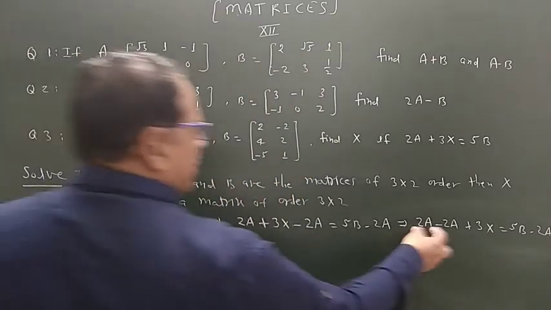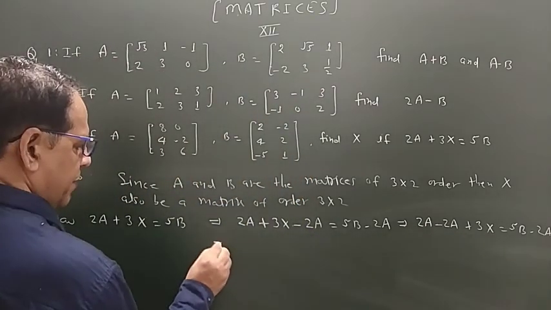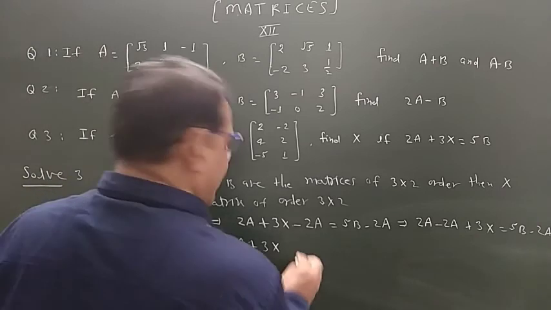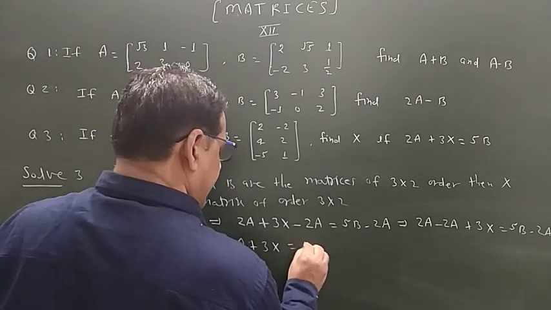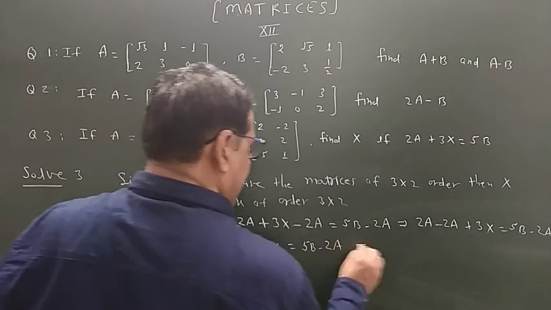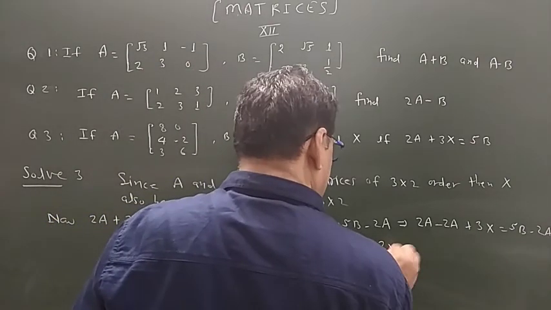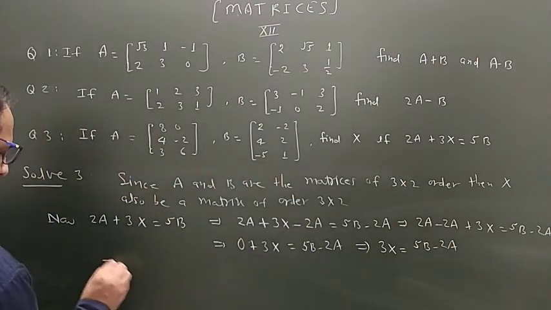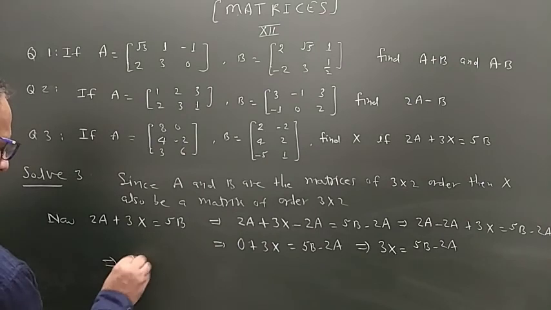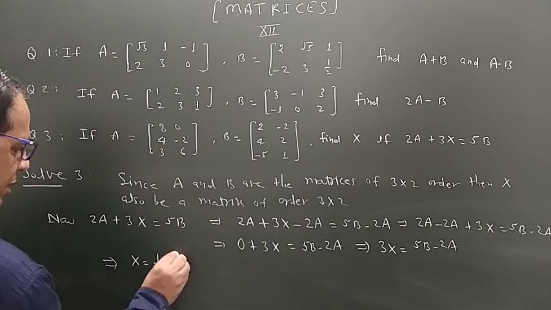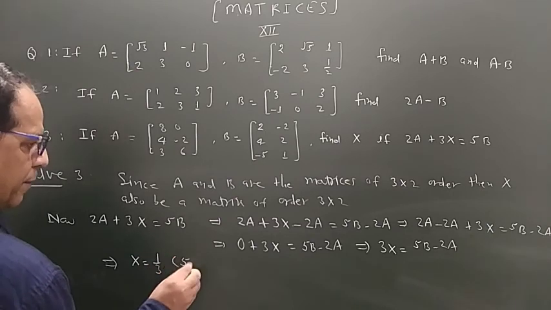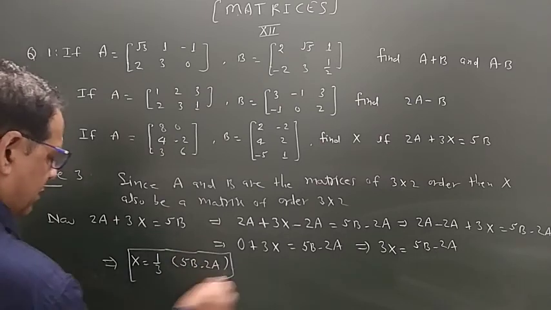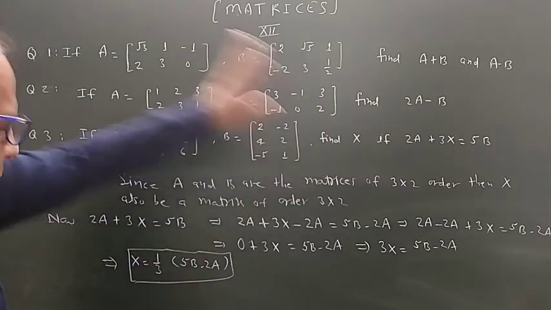The sum of these becomes the null matrix, plus 3X equal to 5B minus 2A. That means 3X equal to 5B minus 2A. This implies that X equals 1 upon 3 times (5B minus 2A). So by this formula we find the value of X.